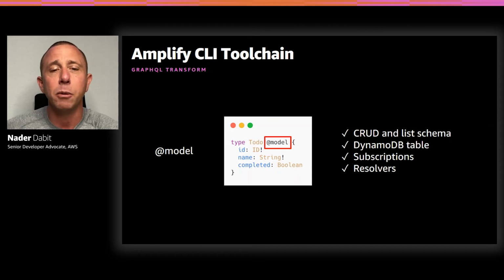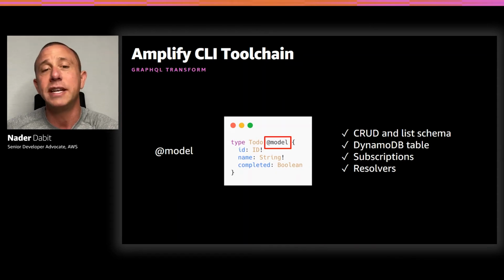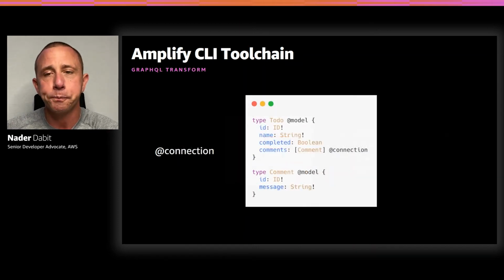And then finally, it will add all of the resolvers that map these operations between the operation definitions in your API to the data source. And it will also even add subscriptions for all of the different mutations, so you can listen to on create, on update, on delete to-do. All this code is generated for you, and it's completely configurable. By default, we're giving you these smart defaults, but if you want to add your own business logic, you can do so as well.